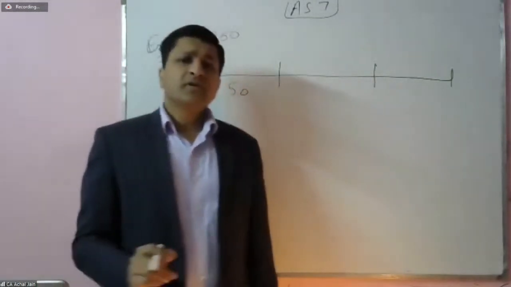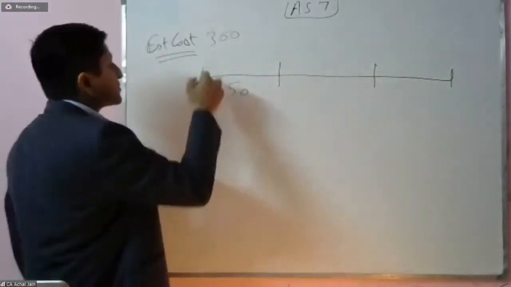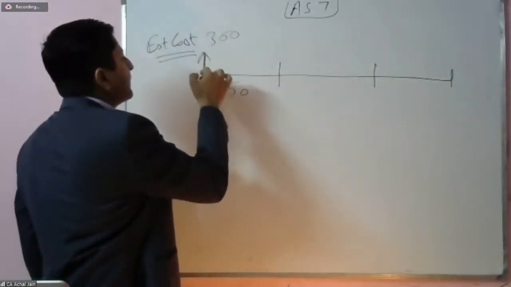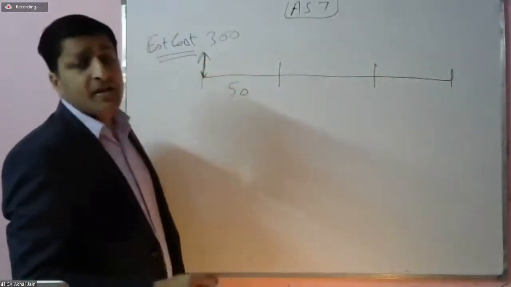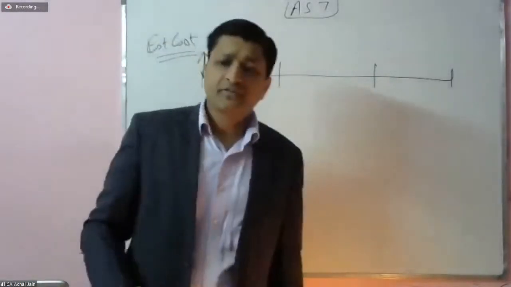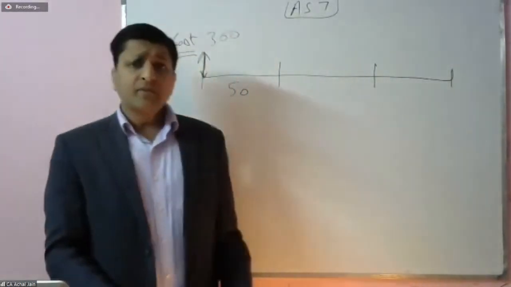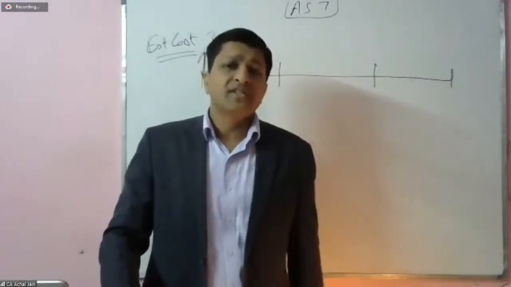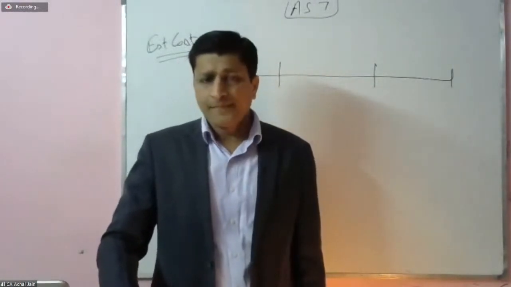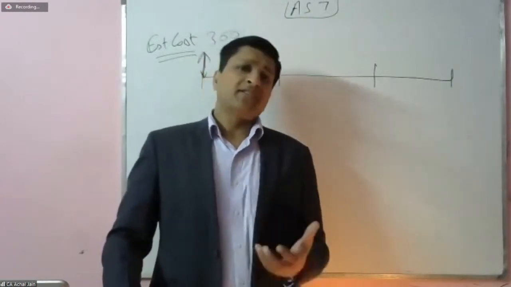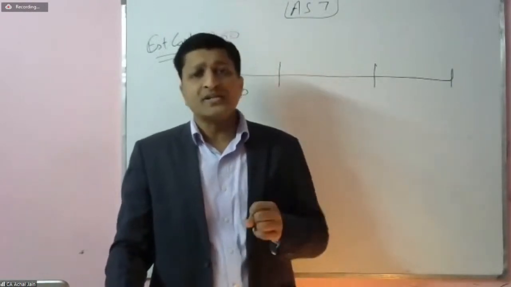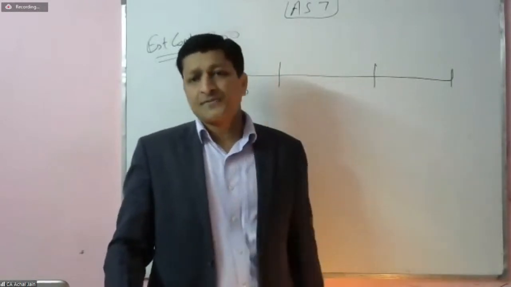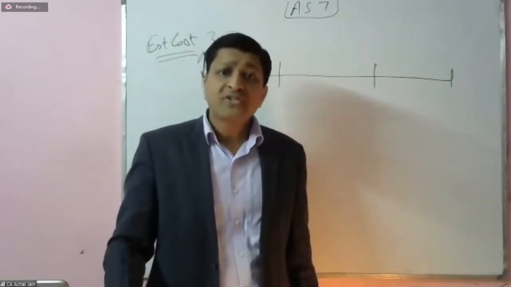This is the estimated cost. So on this particular day, company estimated cost of rupees 300. Why? Because till the time it is not actually incurred, we cannot say this is the actual cost. And what is estimate? Estimate is an approximation. We understand. And an estimate is something which is subject to changes, which may change.